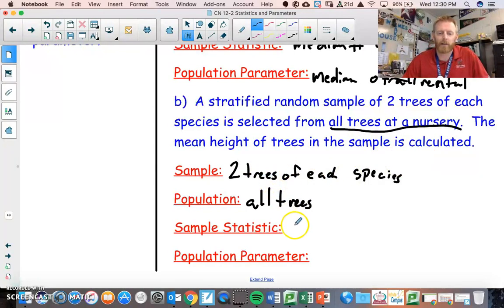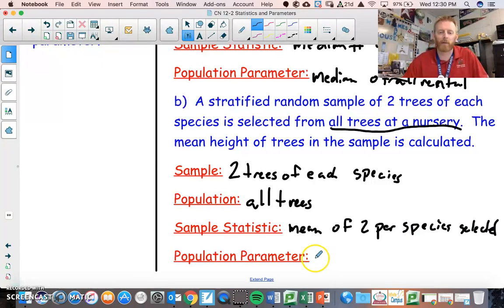So the sample statistic would be the mean of the 2 per species selected. That's fairly easy. And then the population parameter would be the mean of all trees at the nursery. And that's just using the vocab.